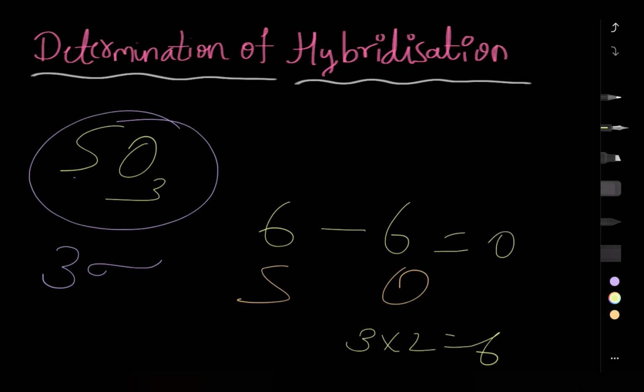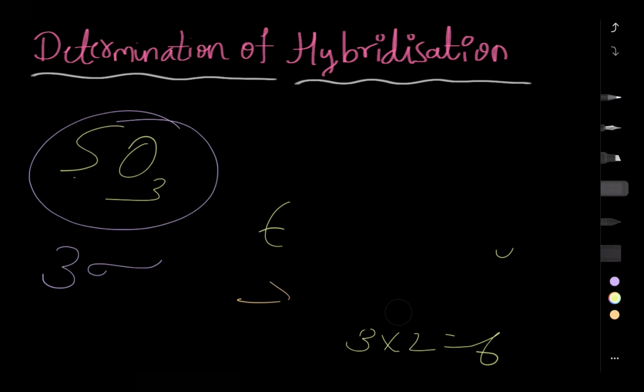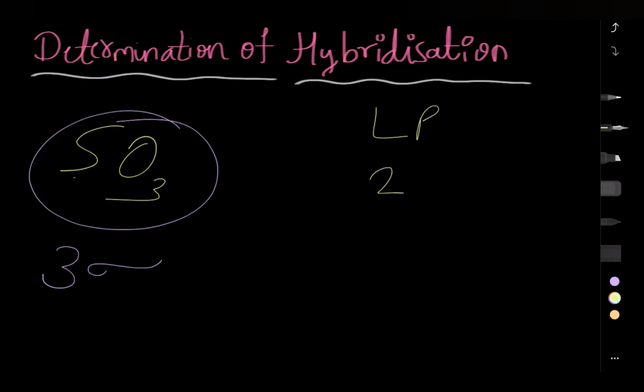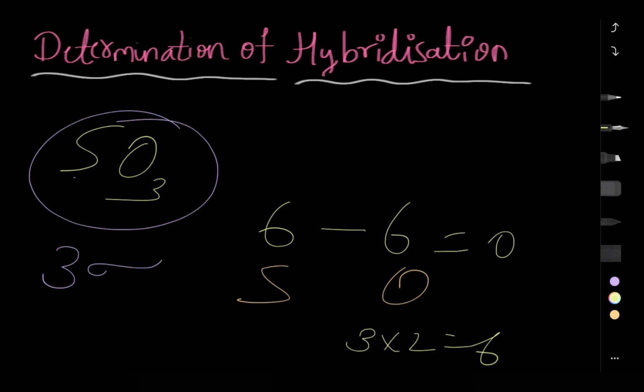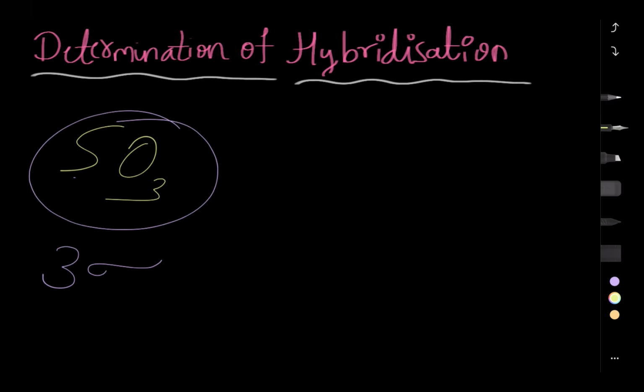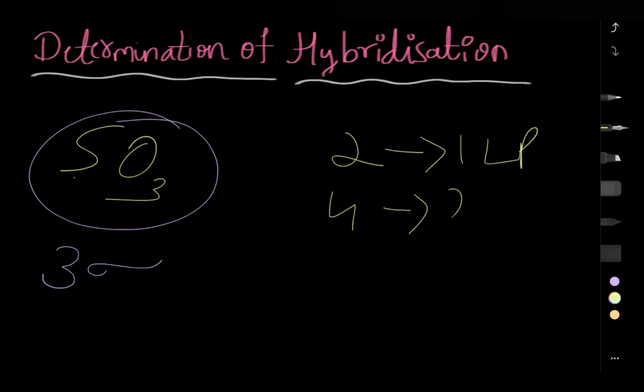For any molecule, after the number is subtracted, if the answer comes 2, then it has 1 lone pair. If it comes 4, it has 2 lone pairs. That is the concept of lone pair.